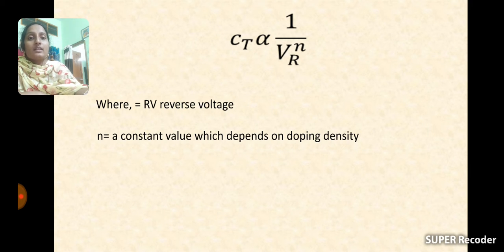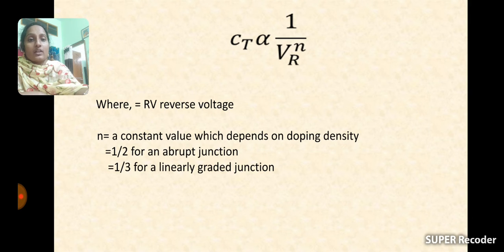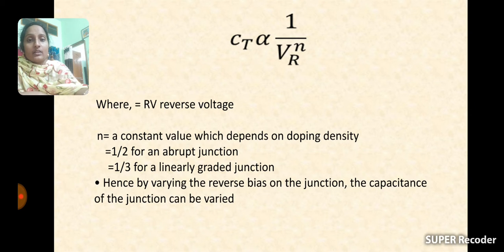Here Vr is the reverse voltage. n is a constant value which depends upon the doping density. So n is equal to 1 by 2 for an abrupt junction and 1 by 3 for a linearly graded junction.